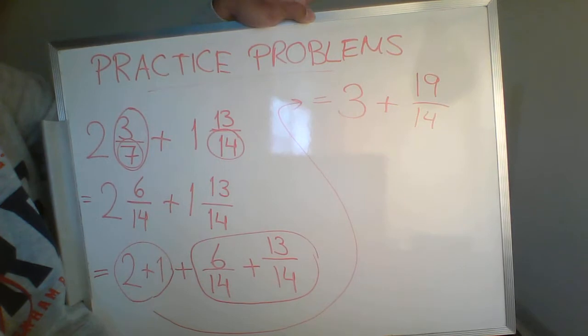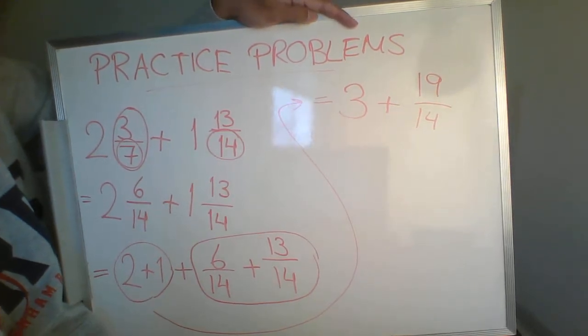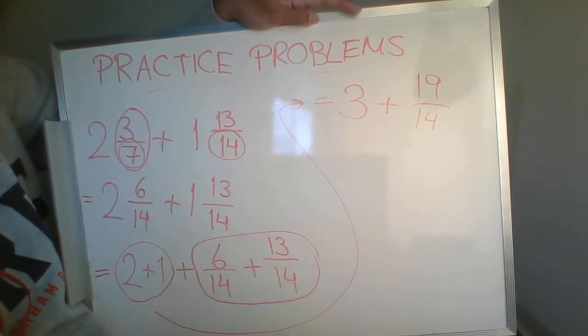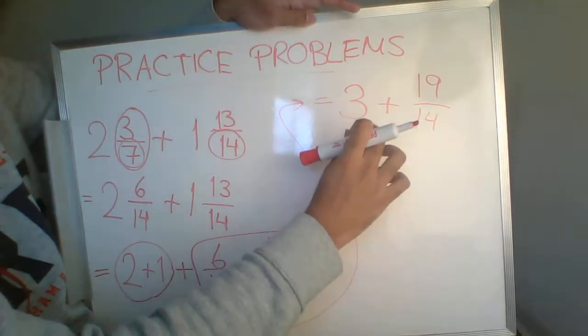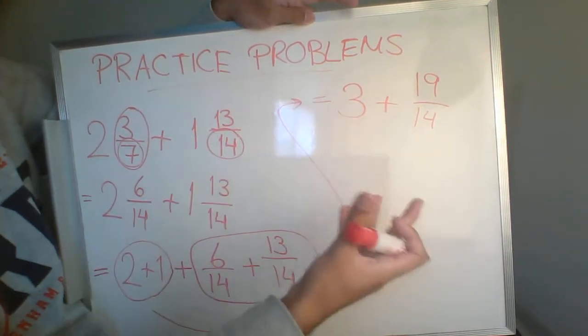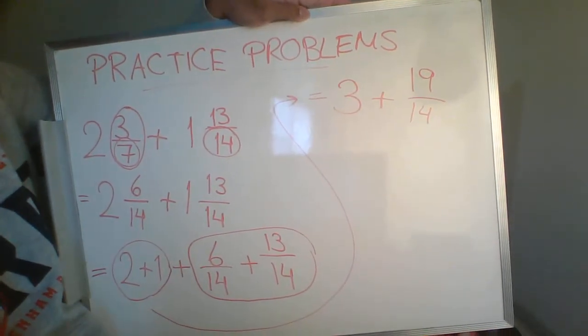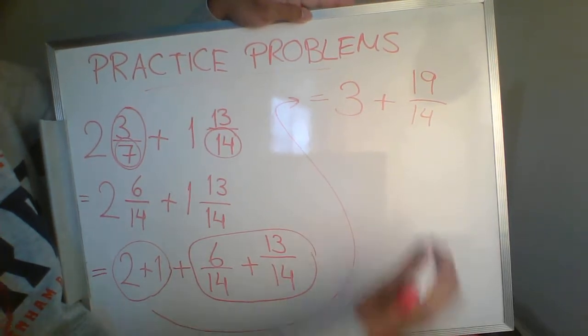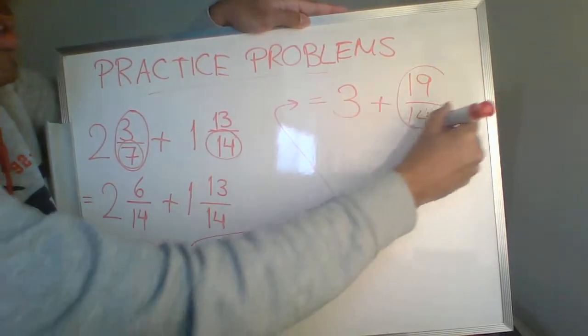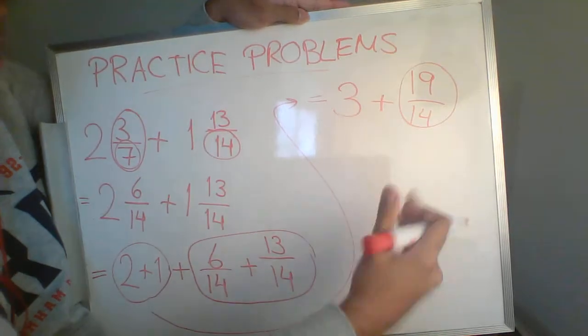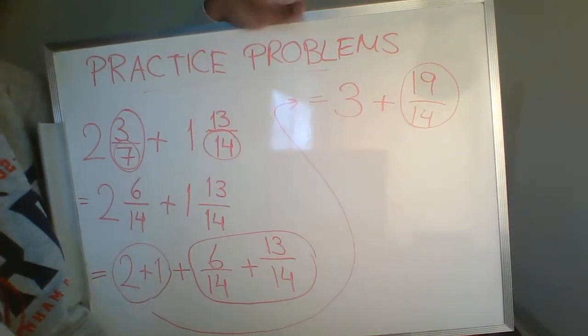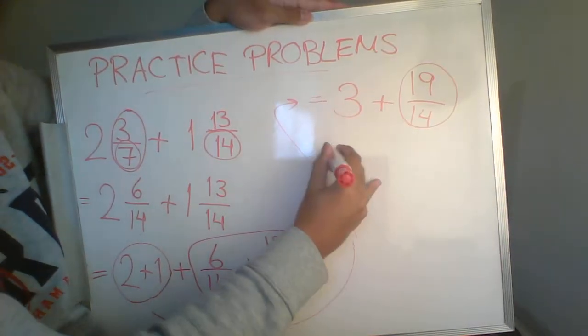Now, that's a little bit of a problem because when we are writing mixed numbers, we never want an improper fraction there. The whole point of the mixed number is so that you don't have to deal with any improper fractions. So we want to convert this improper fraction right here into its own mixed number, and then we'll combine both of those into our answer.